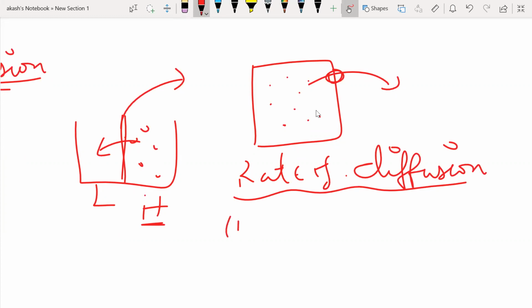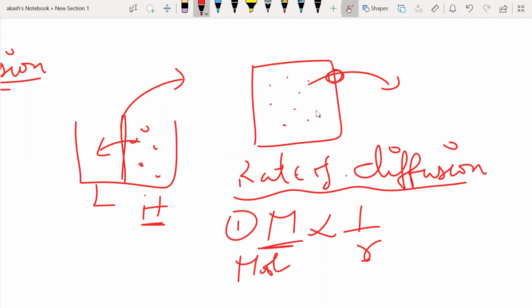So the first one among them is definitely the mass of the gas. Obviously, the thing with a higher mass will move slower, and the one which is lightweight will move faster. So this is going to be inversely related to the mass, and the mass I'm talking about is the molar mass of the gas.